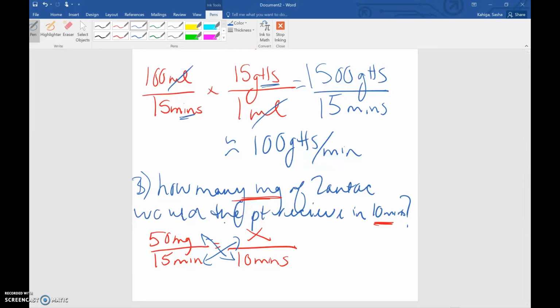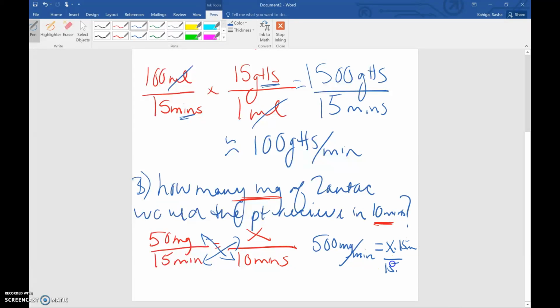So I'm going to multiply 50 times what? 10. And that gives you 500 milligrams per minute, correct? Let me try to write it clearly. So that's going to give you 500 milligrams per minute equals x times 15 minutes.